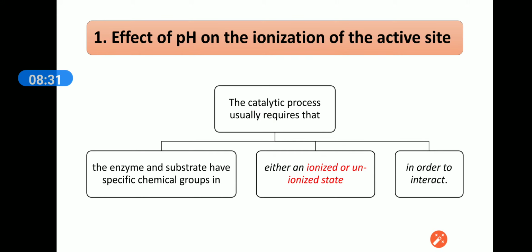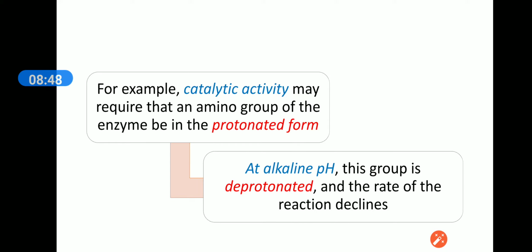The catalytic process usually requires the enzyme and substrates to have specific chemical groups in either an ionized or unionized state in order to interact. For example, the catalytic activity may require that an amino group of the enzyme in the active site be in a protonated form.